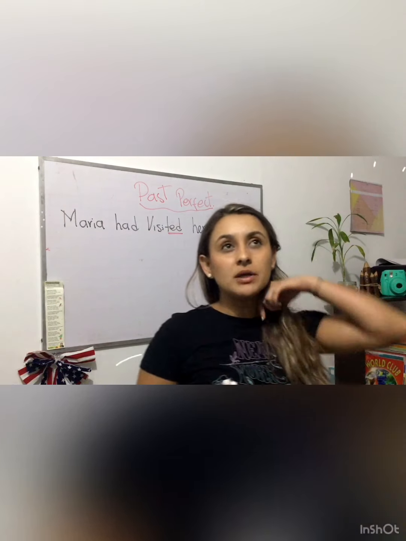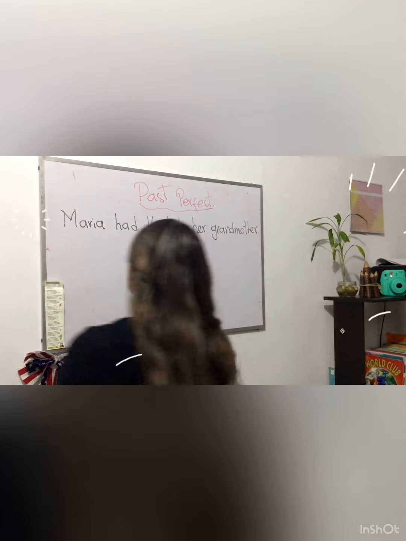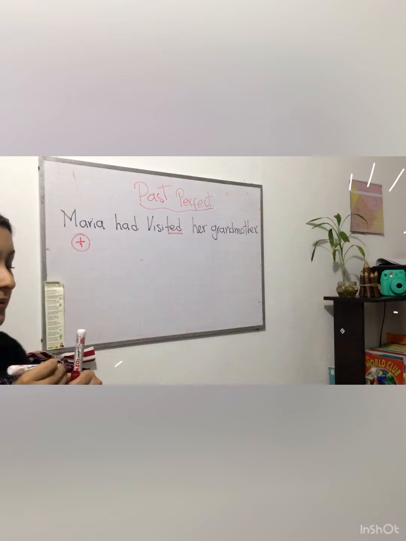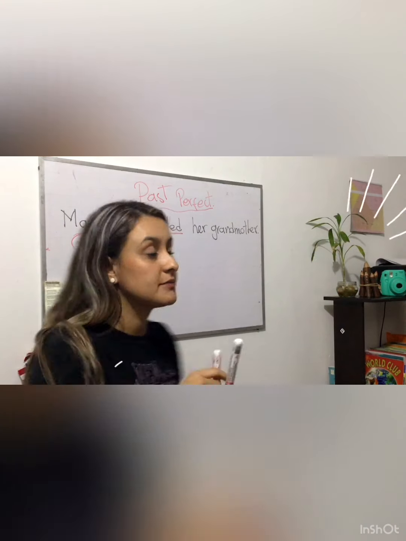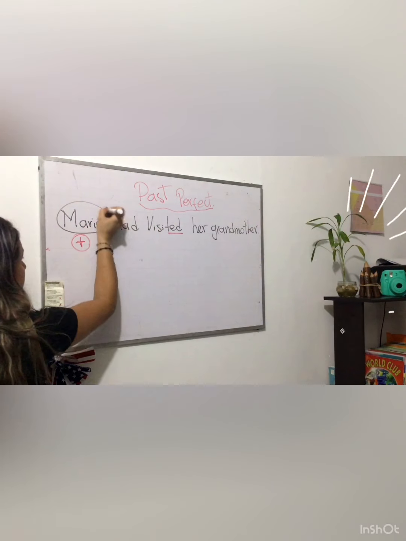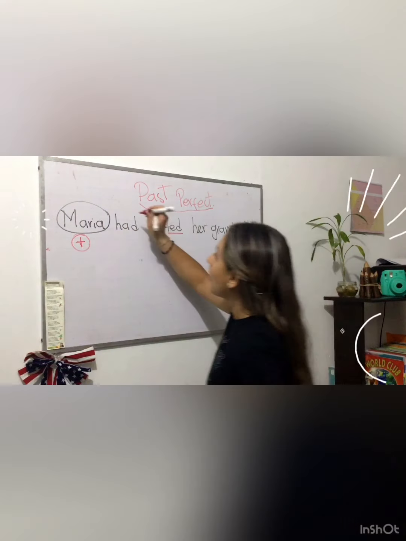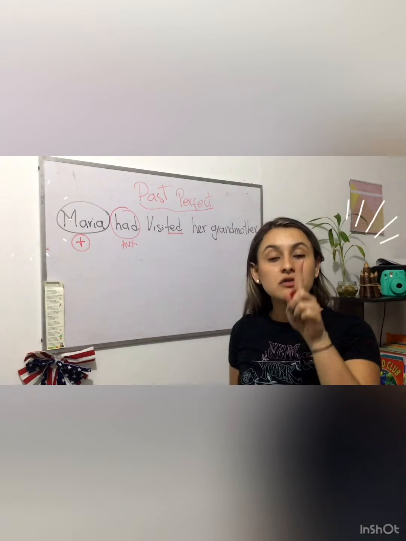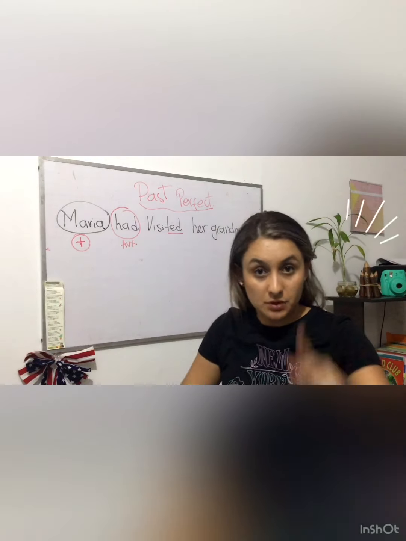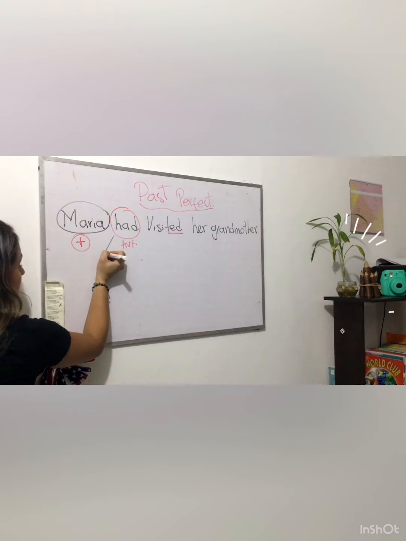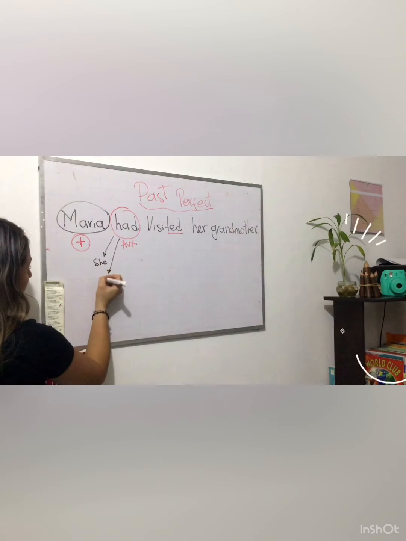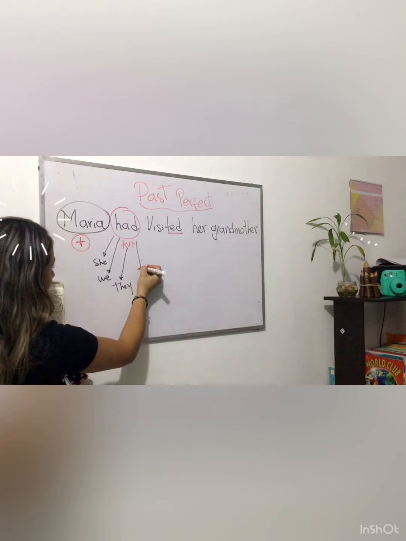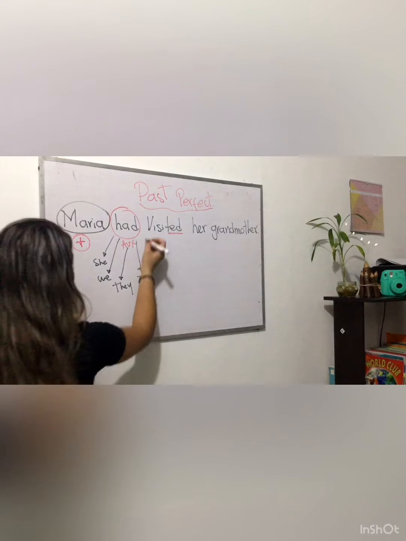We need to have positive sentences, right? So, you're going to write the positive. For the positive sentence, you need first subject. Then you need auxiliary had. You are going to use auxiliary had for everyone, okay? So you go, she had, we had, they had, I had, right?